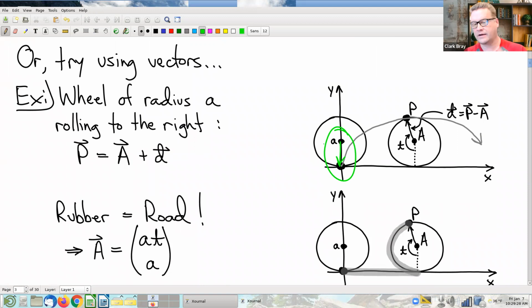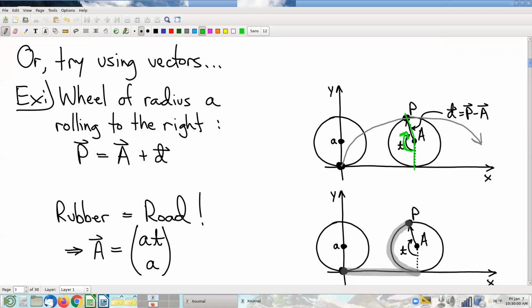As I roll, of course, this vector starts to turn around that way. And so the parameter that I would like to think of as time, starting at time equals 0, is just this angle. It starts when that angle is 0. And then as time increases, T increases. Does that make sense? Yeah, thank you. Great question. Absolutely. Who else?